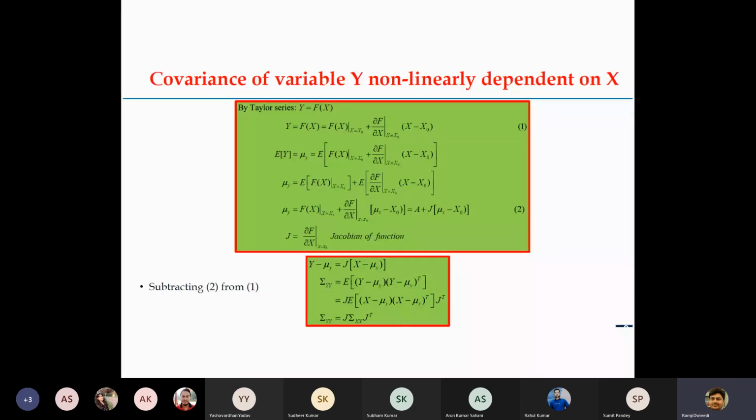Just go through the content because everything is repeated from the previous slide. The only issue is the linearization part, which is additional here.